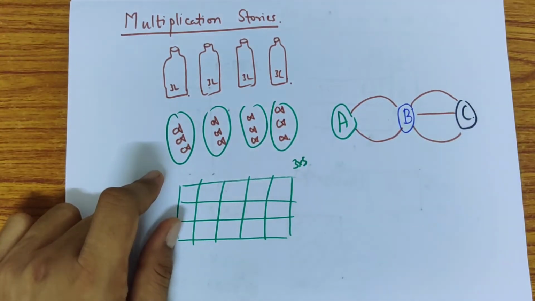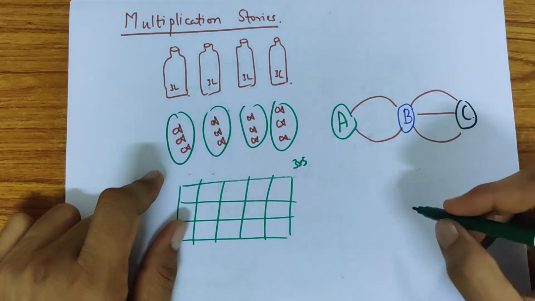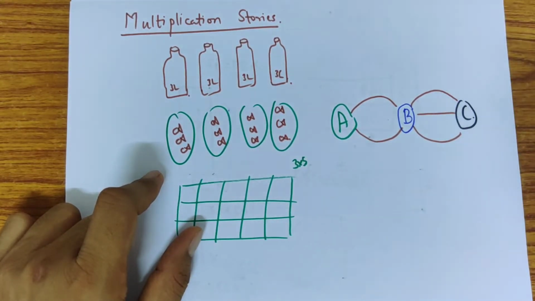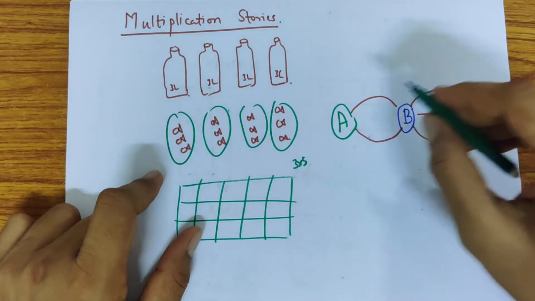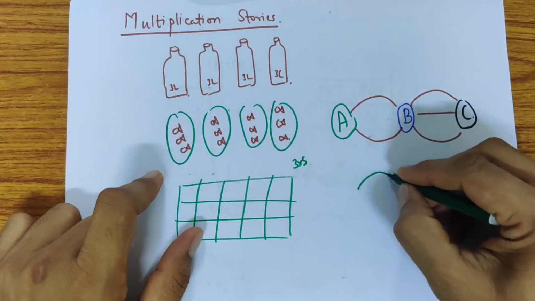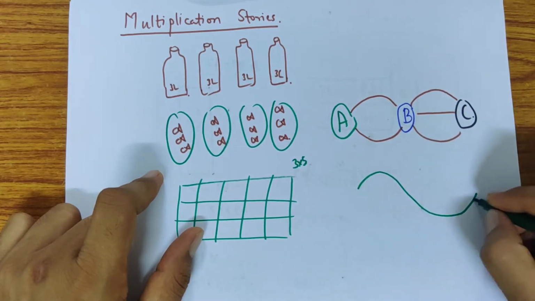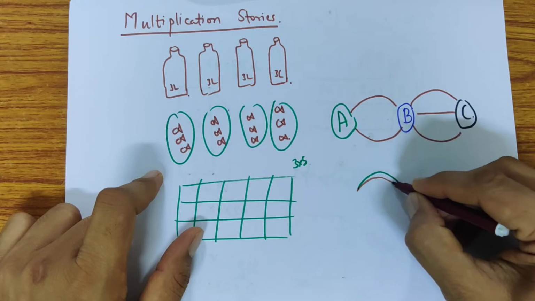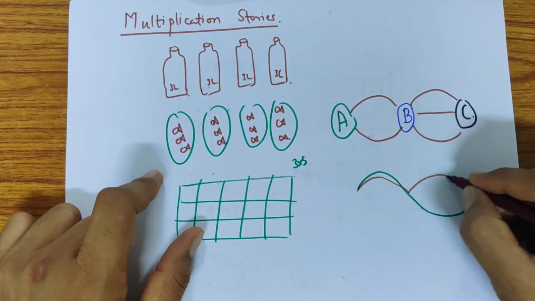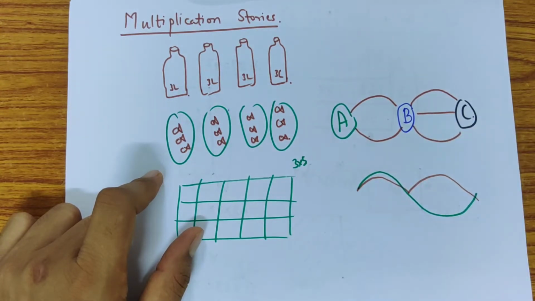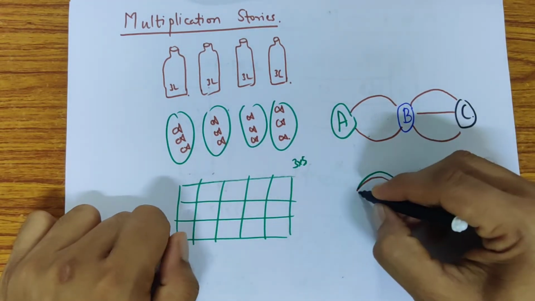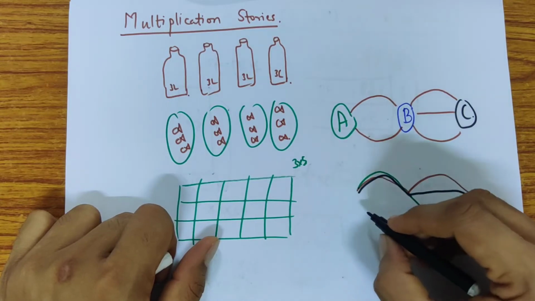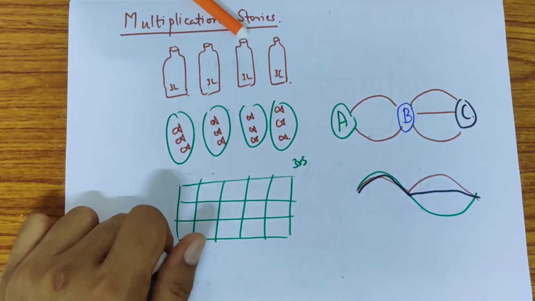And this can be a fun exercise because the children can draw it out, right? They can take different colors and say, okay, the first way is to go from here and then do that. And then another way is to go from here to here, but do that. And the third way is to go from here to here and do that. And then you have the other 3 directions, right?